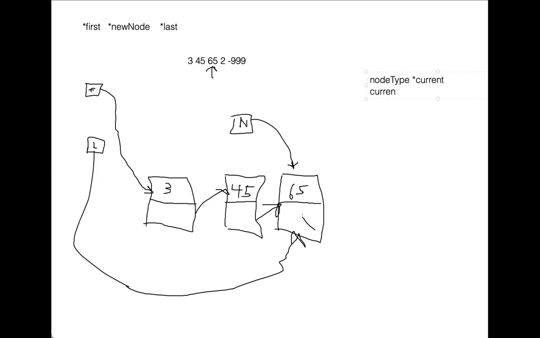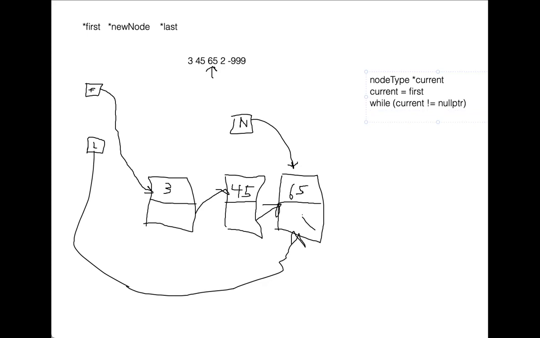I would set current equal first. And then, like we had before, I could have while current not equal to null pointer. It should be okay.